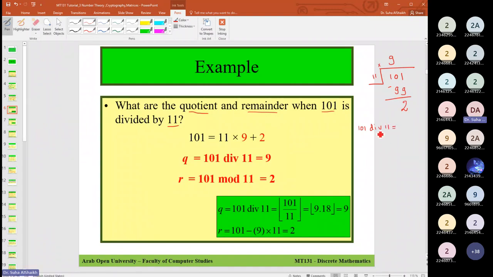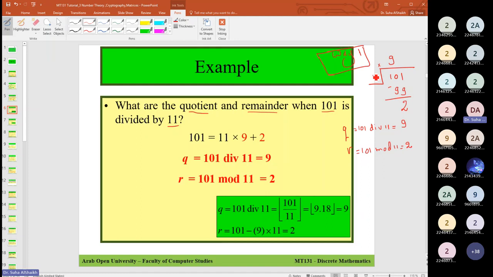That means the quotient, which I call Q here. The quotient when I divided 101 by 11 is 9. And what is R, which is 101 mod 11, the remainder when I divided 101 by 11? It's equal to 2. So this, of course, is way 1, or method number 1, which we use when both numbers are positive.